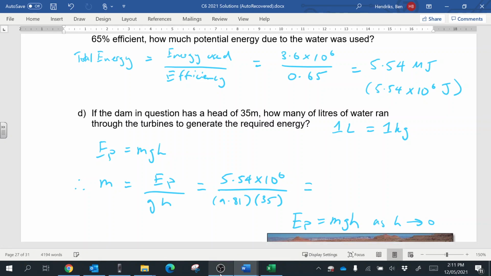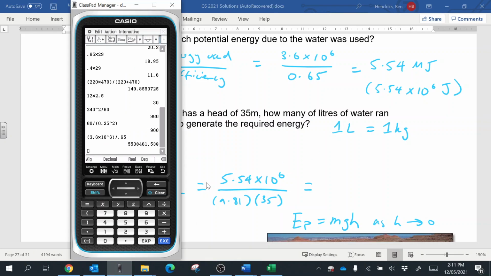Making sure that we put our brackets in the right place, I'm going to put brackets around the top ones. 5.54 times 10 to the 6 is our first bracket, divided by 9.81 times 35.